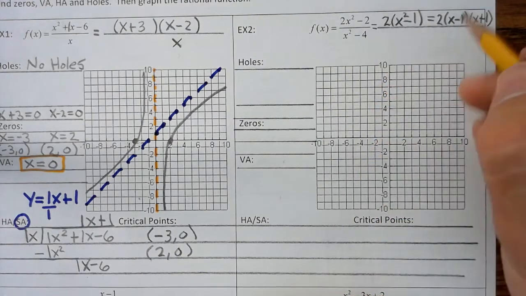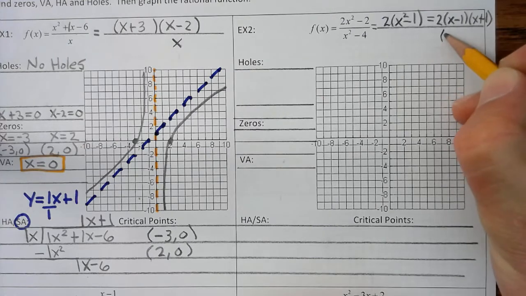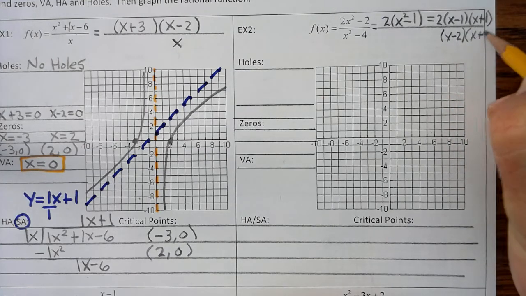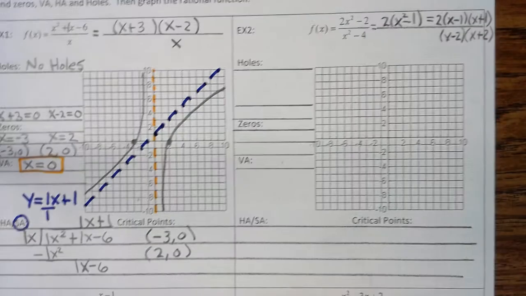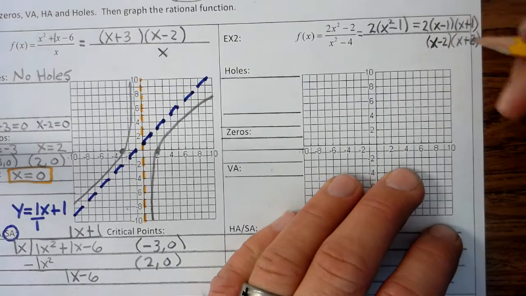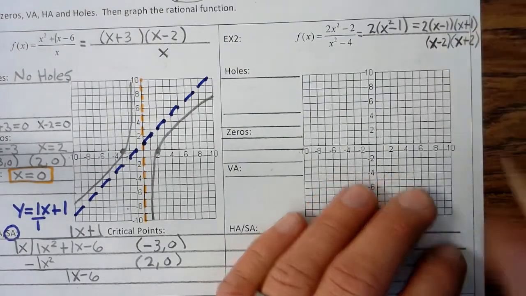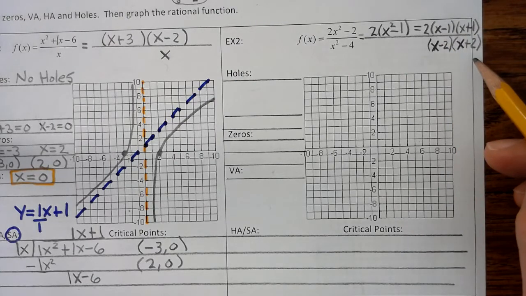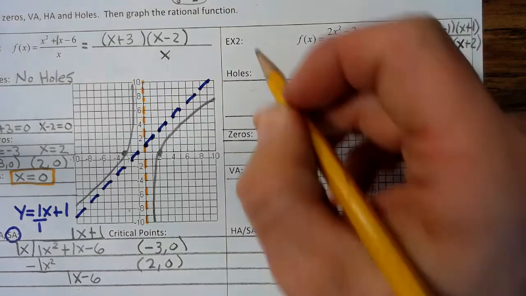And then here, that can be factored out as x minus 2, x plus 2. All right, so nothing divides and becomes 1, so we have no holes.